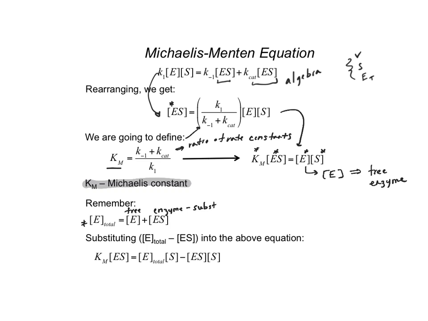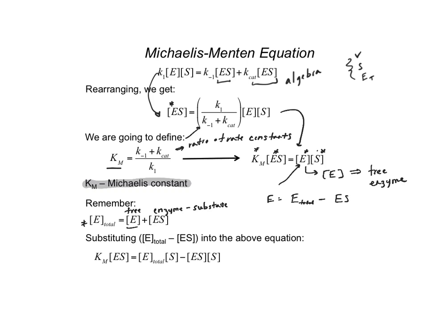And so what we're going to do, because we know we can control total enzyme, is we are going to rearrange this to solve for free enzyme, and then we are going to plug that in to this guy up here. Okay, so when we do that, and then we factor in, because this enzyme is going to be equal to total enzyme minus enzyme substrate, and again, these are all in concentrations.